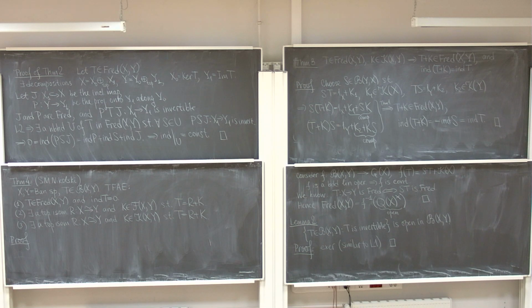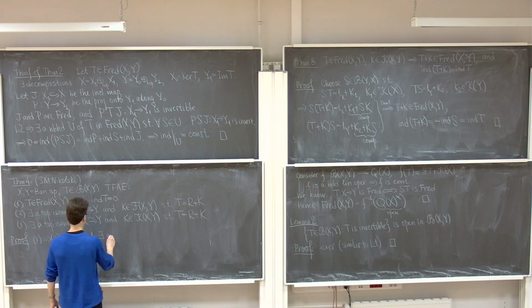Okay, so let's show that 1 implies 2, first of all. To show that 1 implies 2, let's recall again the Nikolsky-Atkinson criterion. So T is a Fredholm operator, and the index of T is 0. We know that in this case we can find a topological isomorphism between Y and X by theorem 1.